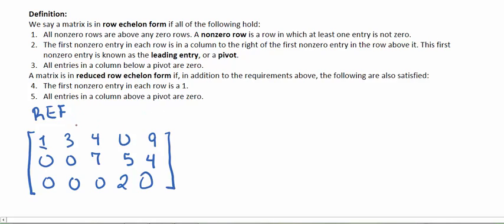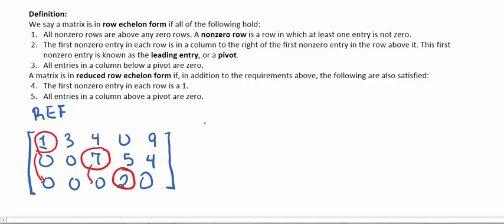The second one, the first non-zero entry in each row is in a column to the right of the first non-zero entry in the row above it. So I want to look at the pivots. This is the first non-zero entry in the first row, the first non-zero entry in the second, and then in the third. And the idea here is that as we move down, we should also be moving to the right. Down and to the right. And that is satisfied. We also need everything underneath these pivots to be zeros. And we can see that they are. So this one is in row echelon form.